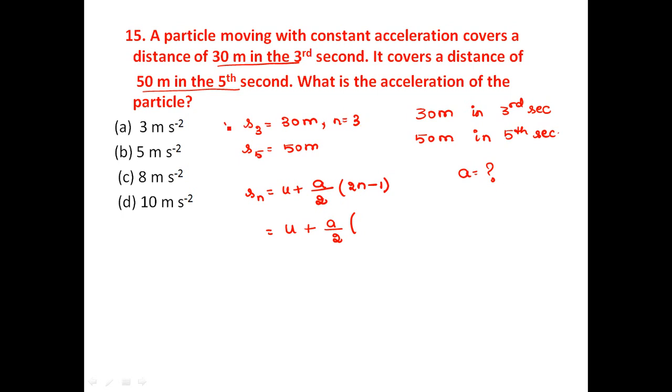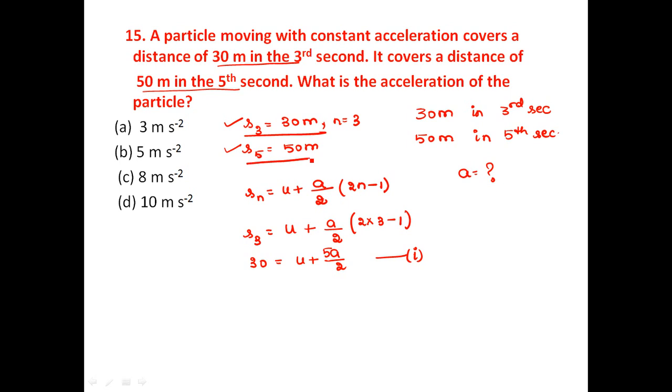The first equation: S3 is 30, which gives us u plus a by 2 into 2 into 3 minus 1. 2 threes are 6, minus 1 is 5, so we have 30 is equal to u plus 5a by 2. This is our first equation.